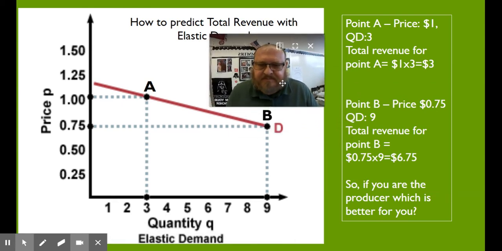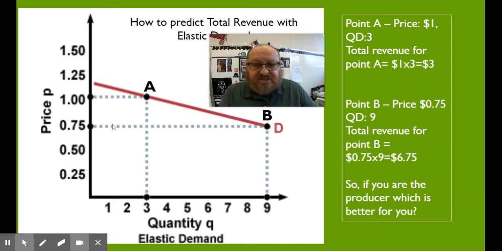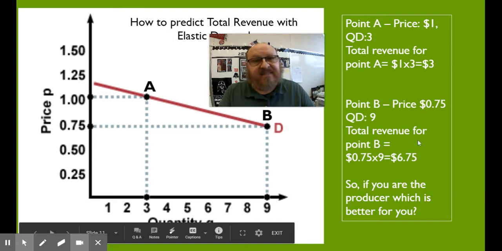Okay, so how to predict total revenue with elastic demand. Point A, $1. For whatever this product is, the demand is 3. So that's $3 total revenue. But if we drop the price to 75 cents, look at what a big difference that makes.